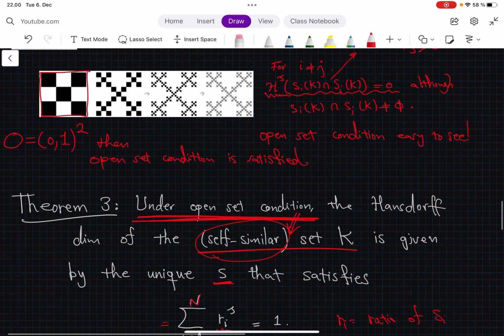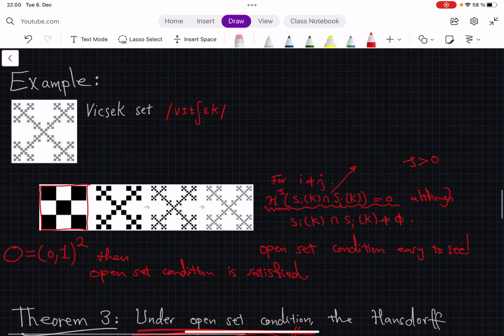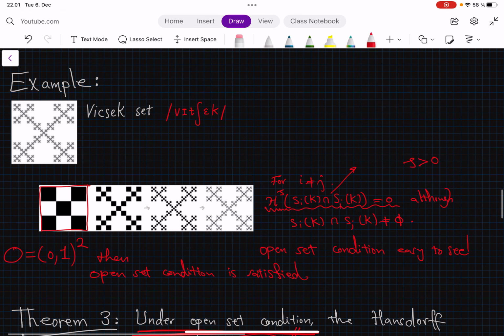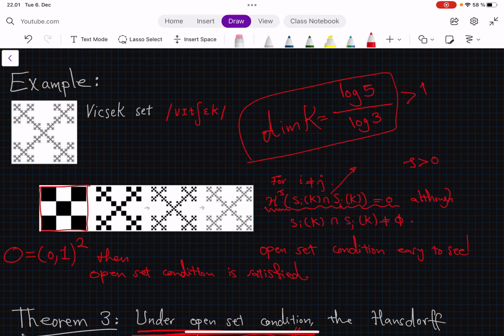So for this Witschek set, we have 5 similitudes, and all of them had the ratio 1/3. So that will be the Hausdorff dimension of this Witschek set, log 5 over log 3, which is strictly bigger than 1.